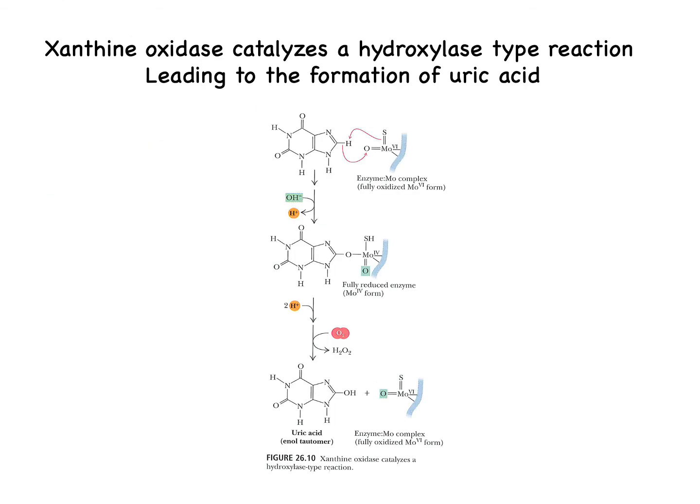This is the mechanism of xanthine oxidase that oxidizes xanthine into uric acid, and I don't really want to belabor this. It's a somewhat unique enzyme that requires a molybdenum to transfer the oxygen to the xanthine. And if you'll notice, the structure looks a little bit different than the one I showed you on the previous slide.